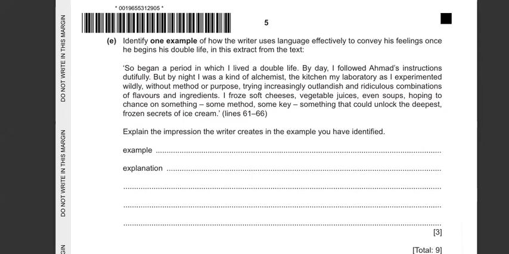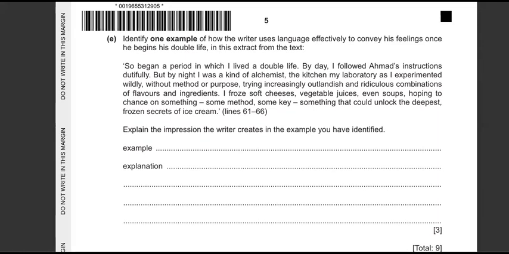The only thing that you have to make sure is that the explanation must align with your example. For example, if I am picking up this phrase as an example, let me highlight it for you: "I followed Ahmad's instructions dutifully."